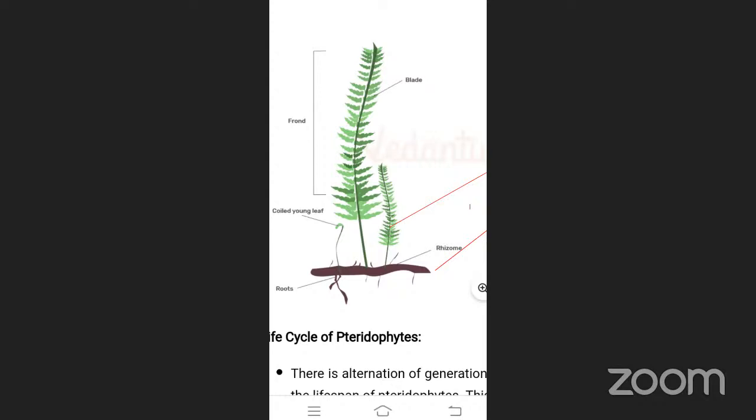But in Marsilea and Salvinia there are two types of sporangia, megasporangia and microsporangia, which produce megaspores and microspores respectively. That is why they are called heterosporous. Marsilea, Salvinia, Selaginella and Isoetes are heterosporous. Homosporous means all the spores have the same structure. The megaspores and microspores germinate to give rise to female and male gametophytes respectively.